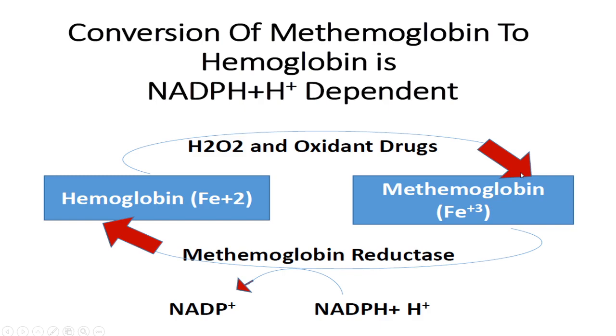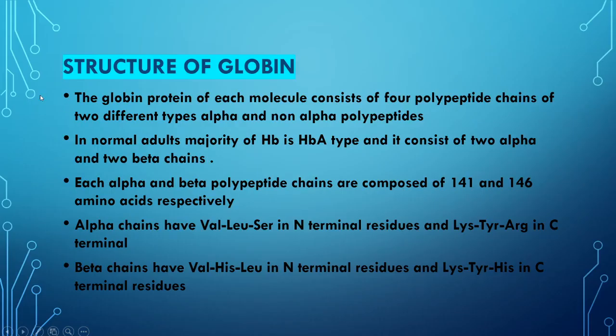The methemoglobin, Fe3 plus, is converted again to hemoglobin by methemoglobin reductase, using NADPH plus H plus to NADP plus, and it is the methemoglobin reductase that converts methemoglobin back to hemoglobin. Okay, so let's see the structure of globin.